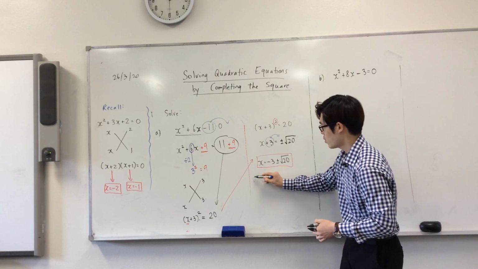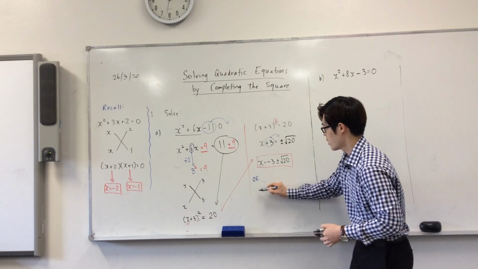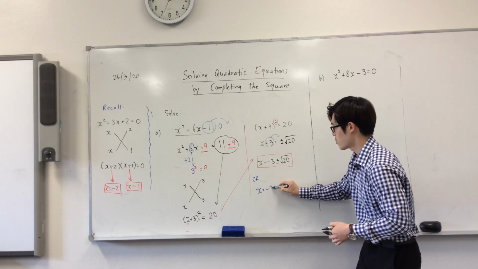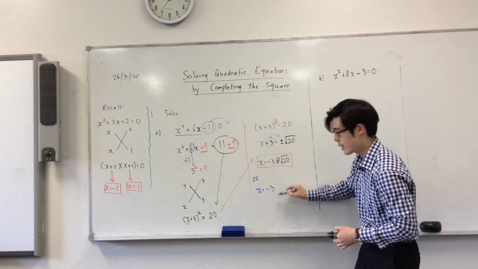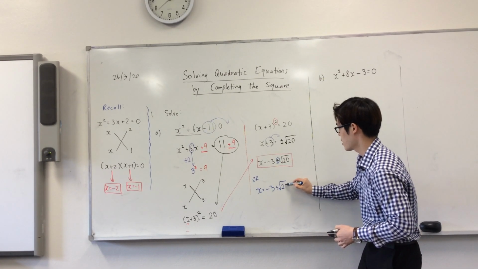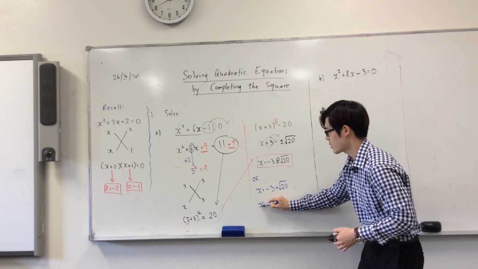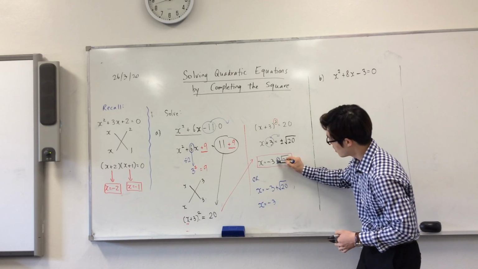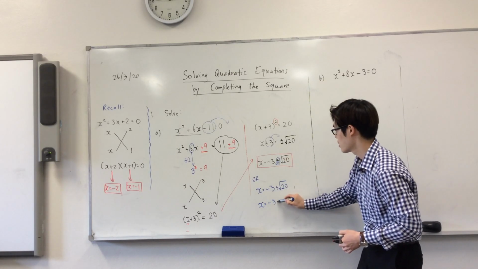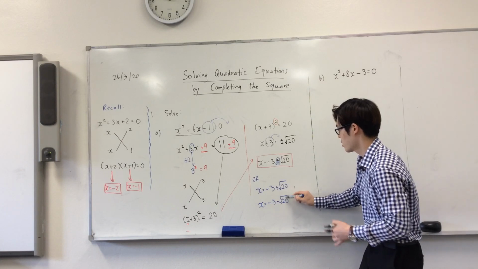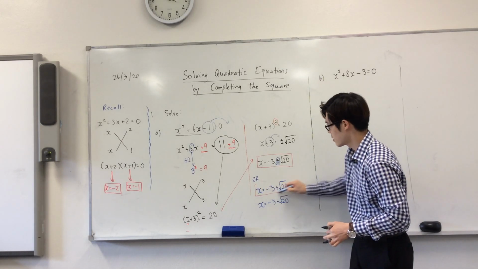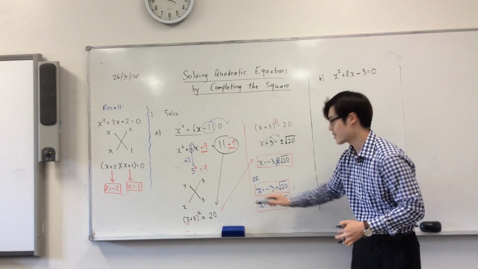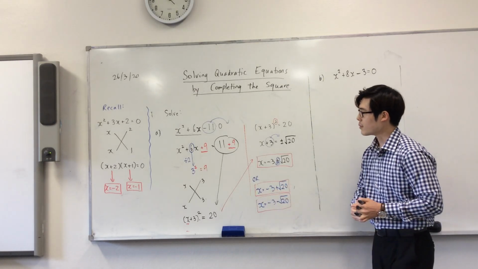You could write x is equal to minus 3 plus root 20. The second one is x equals minus 3 minus root 20. You can write your answers in two separate forms like that. It's the same thing. Okay?